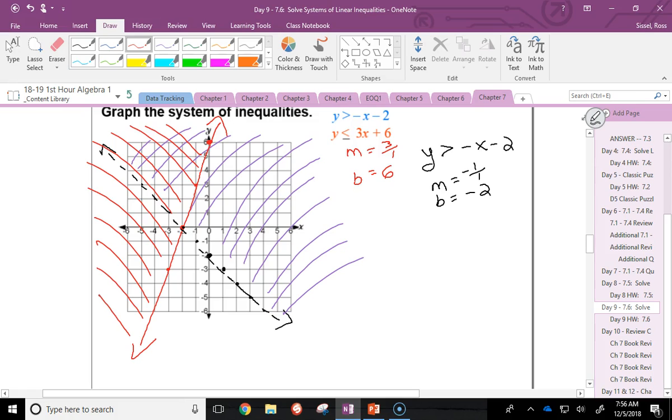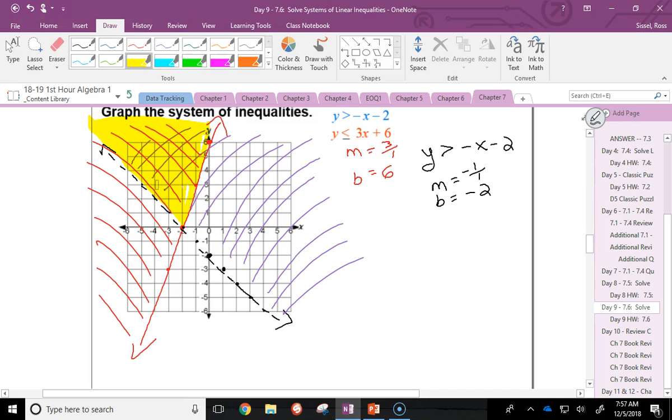Now when I look for my solution, it's where did the two regions intersect? I'm going to highlight just to show this. My answer is going to be anything inside this area. And of course, not just this small triangle, it continues on forever because the lines continue on, so the triangle will still get bigger and bigger.